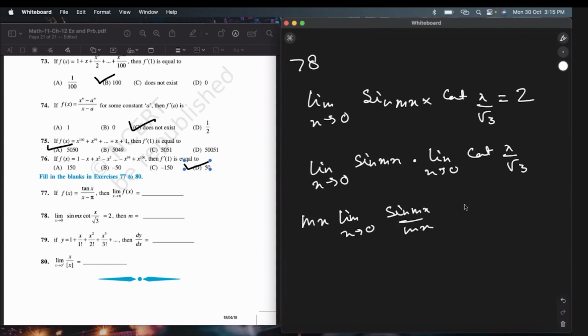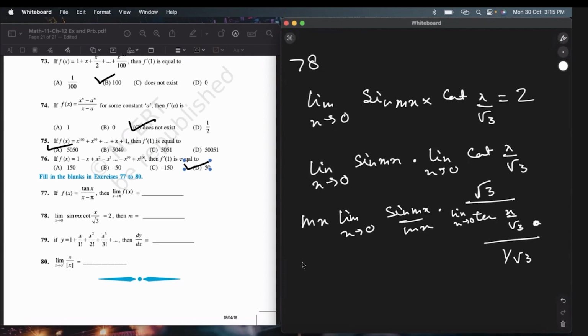And the same I'll do for the cot as well. I'll write it as 1 by tan x upon under root 3, and the limit is x tends to 0. So since there is x upon under root 3, I'll take 1 upon under root 3 over here, and I'll multiply with the base, so under root 3 will come in the numerator.